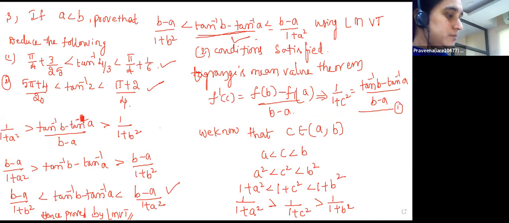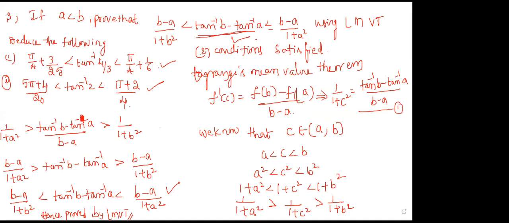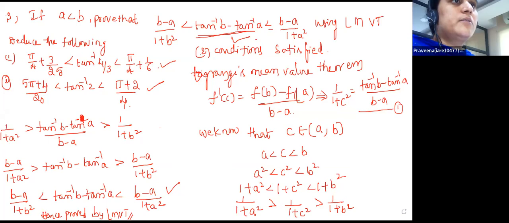Roll numbers D1, D2. D2 present or absent? Present, madam. D3 present, ma'am. D5, D6, D7, D8 present. D9 present. E0 present. E1, E2, E3, E4, E5 present.